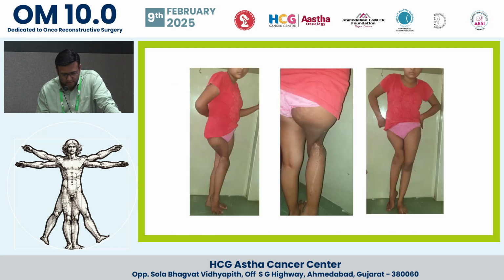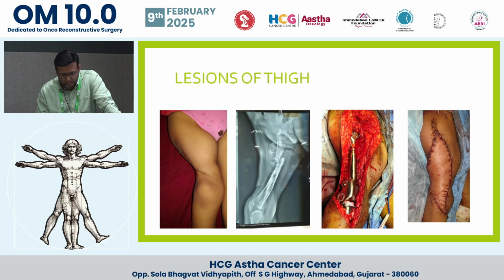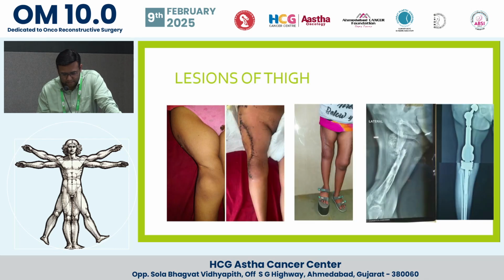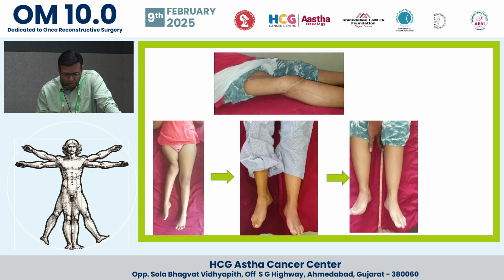Another lesion. This is a young girl with recurrent disease, post radiotherapy, with deformity of the leg. The ortho-oncosurgeon placed a distractor implant, and it was covered with a free ALT flap, and it was distracted gradually for limb lengthening, and it had good results.